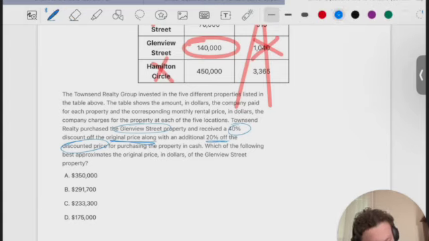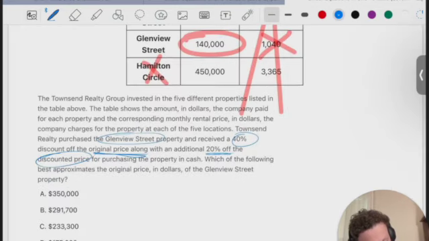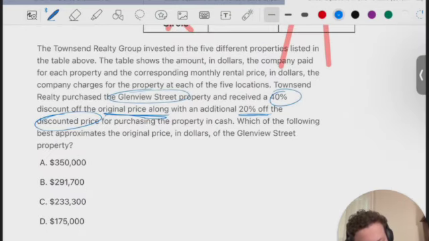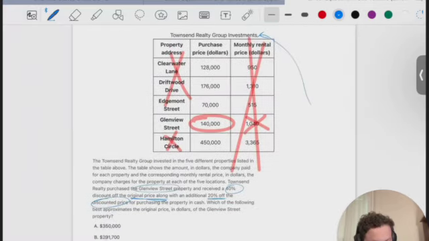Townsend Realty purchased the Glenview Street property and received a 40% discount off the original price. If you got 40% off, that would leave you having to pay for 60% of it. Oh, okay. This is how much we actually pay for it.